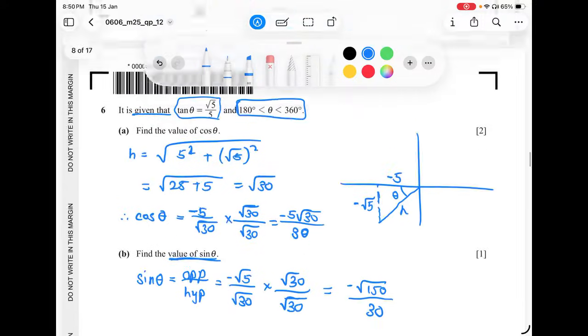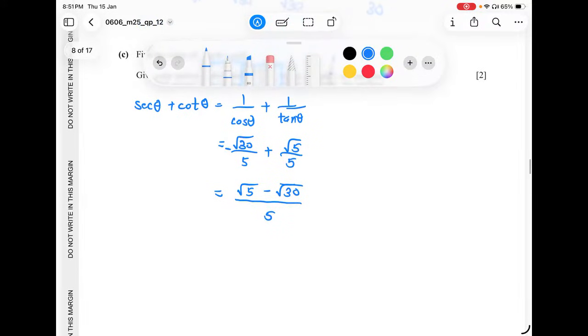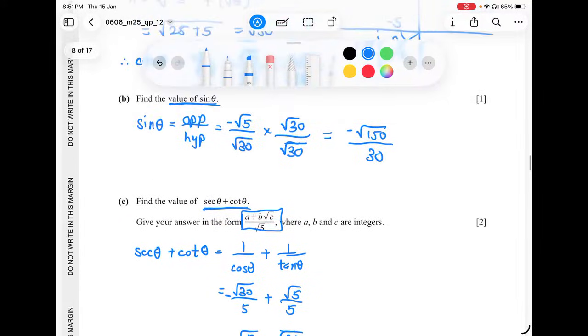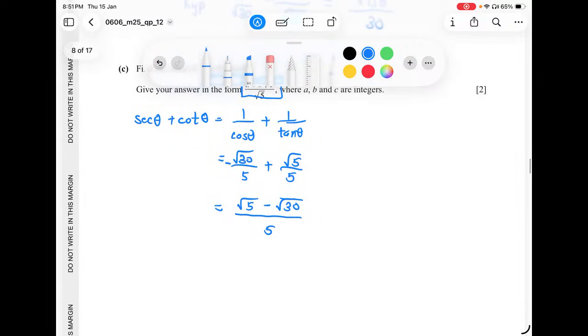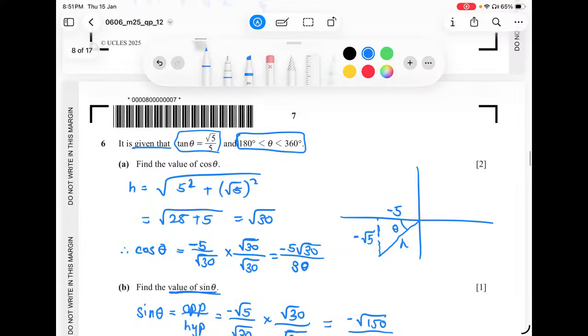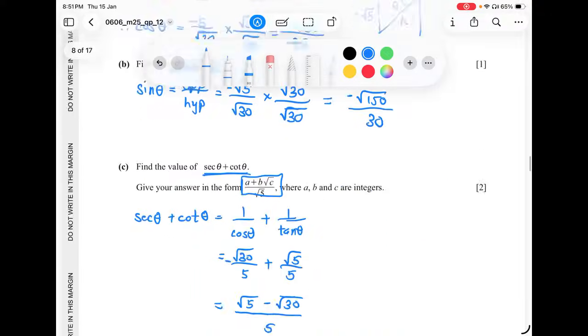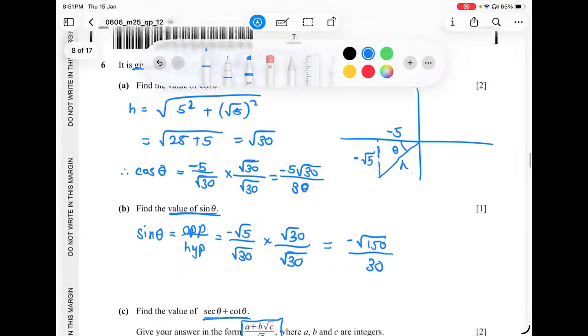So now you need to make this root 5. Then I think you can just substitute the other values as it is, not like this. You don't need to do this.